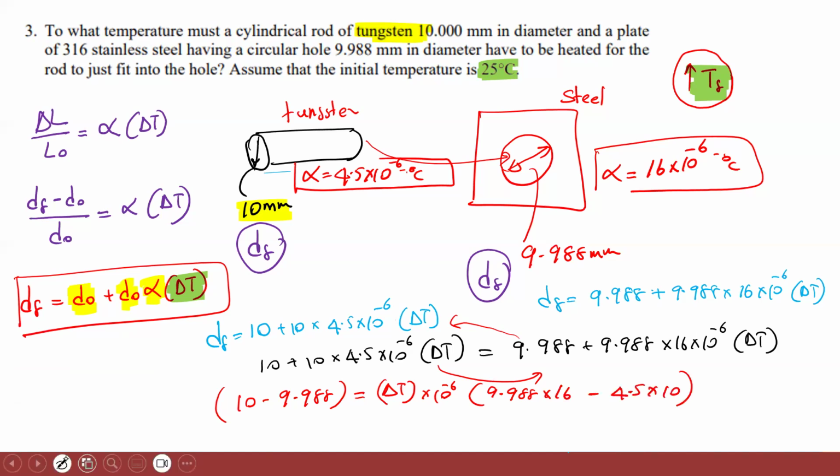So this is what I got. Do you get the same? Is this right? So can you solve this and find me the delta T, please? I'm just rearranging the equation in a way that I can make delta T the subject. I need to find delta T. It's just maths, not materials.